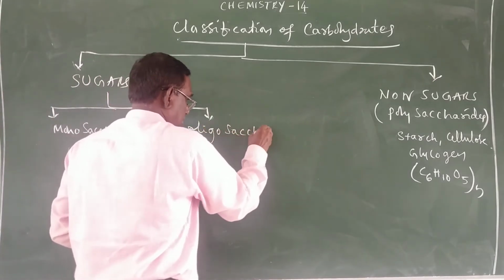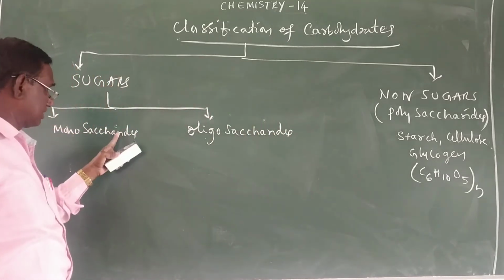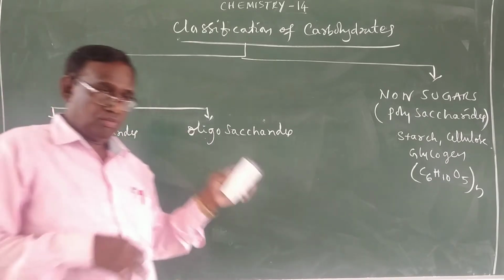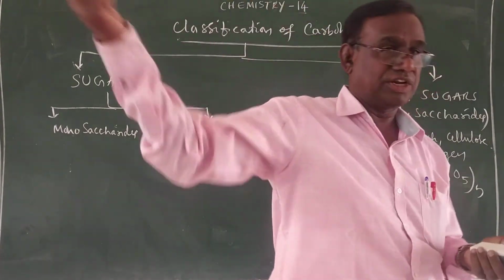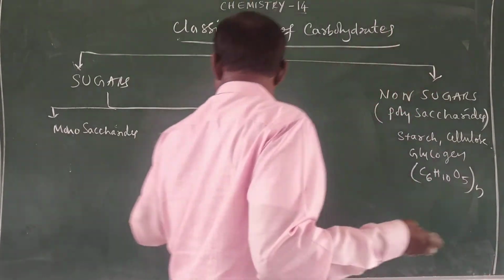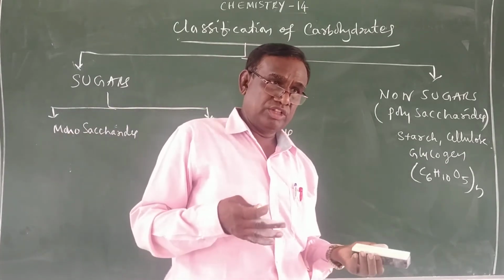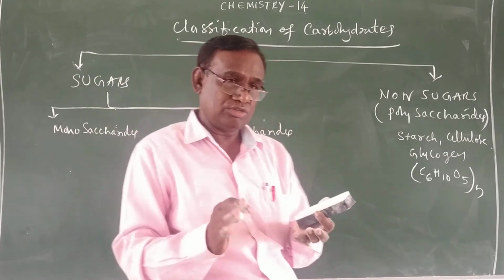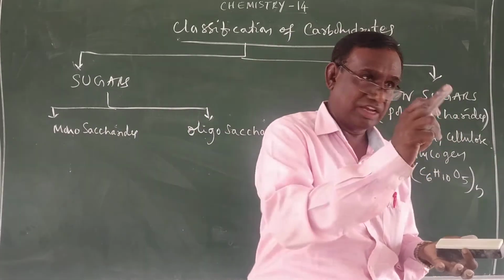Monosaccharides are nothing but the carbohydrates which do not undergo hydrolysis to give further simpler carbohydrates. Therefore, monosaccharides are single unit carbohydrates. When subjected to hydrolysis, they do not give still simpler carbohydrates. Therefore, they are called single unit carbohydrates.